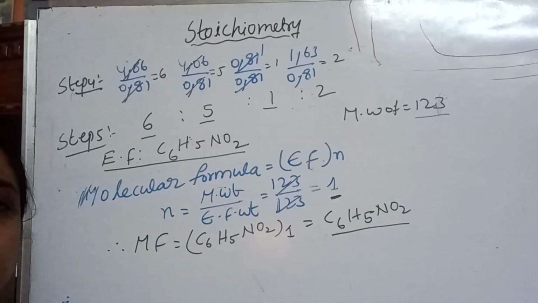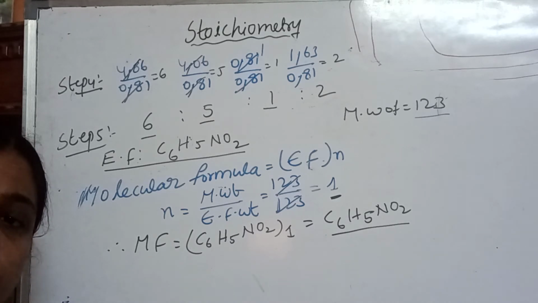So what are they? Once again, step 1: write the elements given in a compound. Step 2: write the mass percentages. In the third step, divide the mass percentage by their atomic masses to get some ratio.